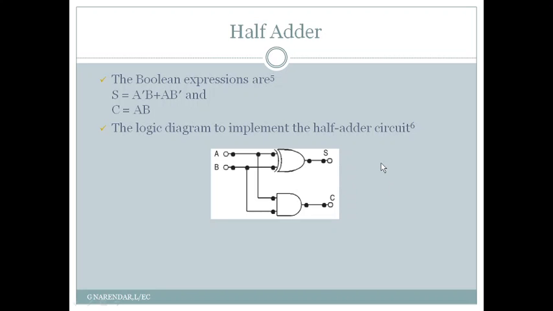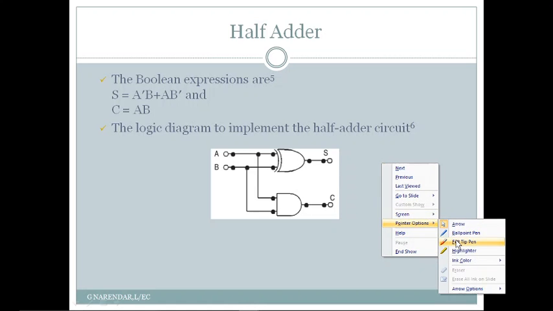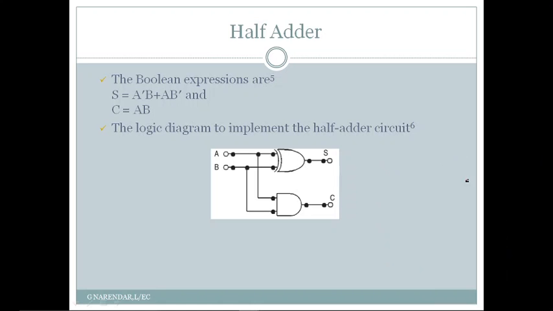Here, you see that I apply 0 for A and 0 for the B input, so that means I want to add 0 with 0.